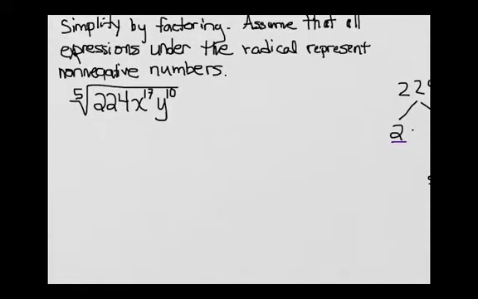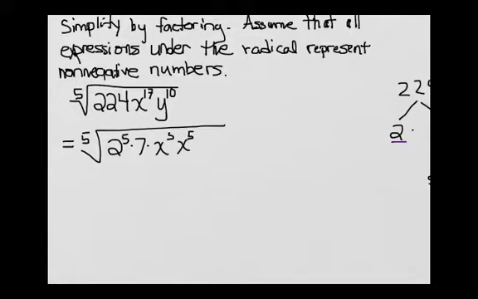So going back over here to our original problem, we have the 5th root of 2 to the 5th times 7. Now thinking about how many factors are in x to the 17th, there's 17 of them, and we want to group those in sets of 5. So we can write that as x to the 5th times x to the 5th times x to the 5th.